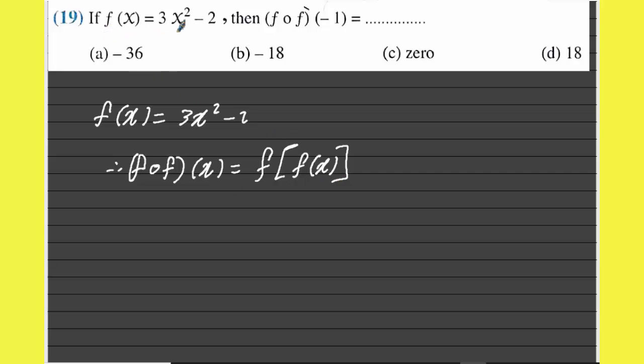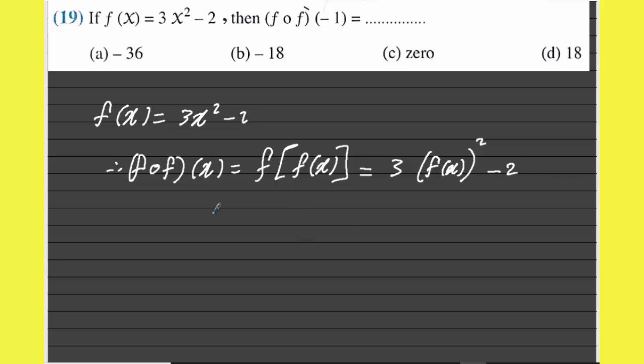We have f of x equals 3x square minus 2. If you substitute x equals 5, so f of 5 equals 3 multiply 5 square minus 2. If you substitute x equals g, so f of g equals 3g square minus 2. Now we substitute x equals f of x, so the result equals 3 f of x all square minus 2.